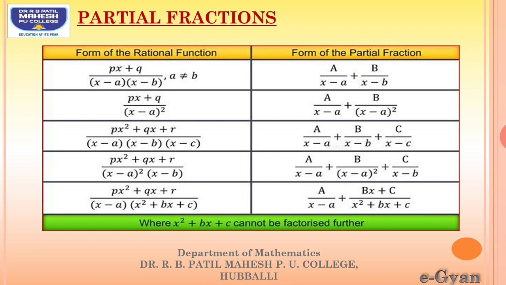Here, since a repeated linear factor is there, first you write down the linear factor and then the same term with the square, that is (x minus a) whole square.